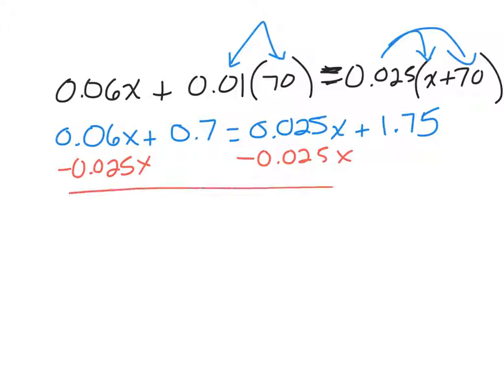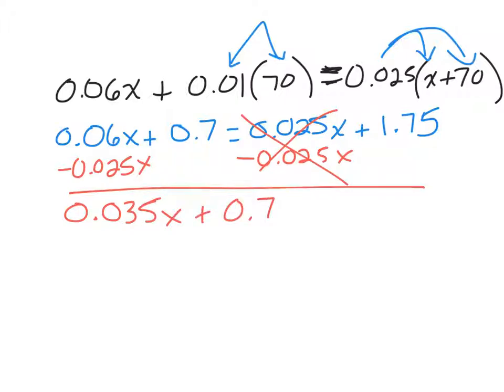0.025x. Over here on the right, that's going to cancel that out and leave me with just 1.75. But over here, 0.06 minus 0.025 x is going to be 0.035x plus 0.7, as that's just going to remain there.